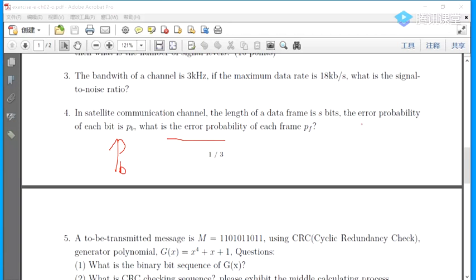So what is the error probability of each frame, PF?